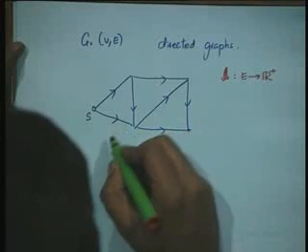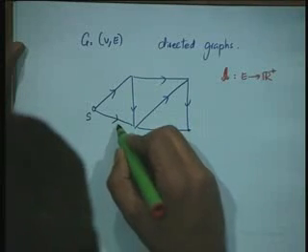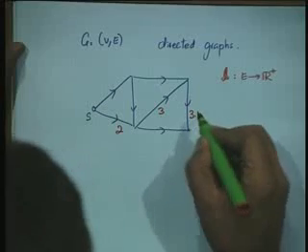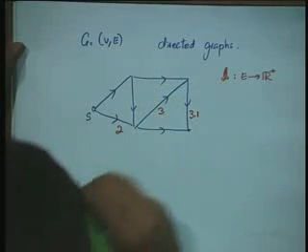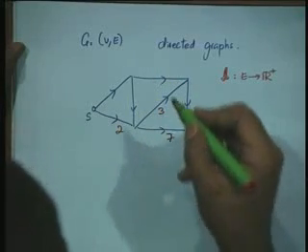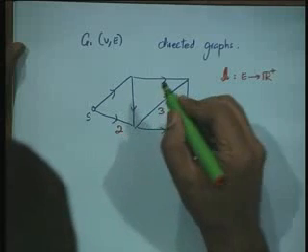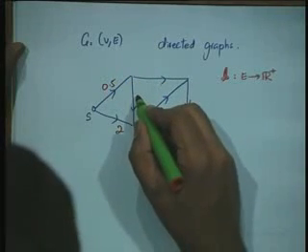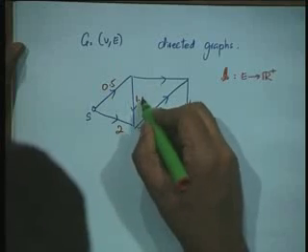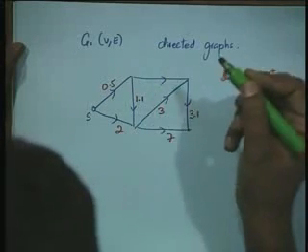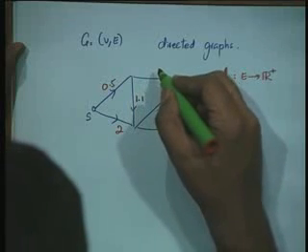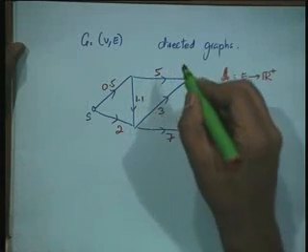So, let us say this edge has length 2, this has length 3, this is length 3.1, this is length 7, this is length 0.5, this is length 1.1, this is length 5.